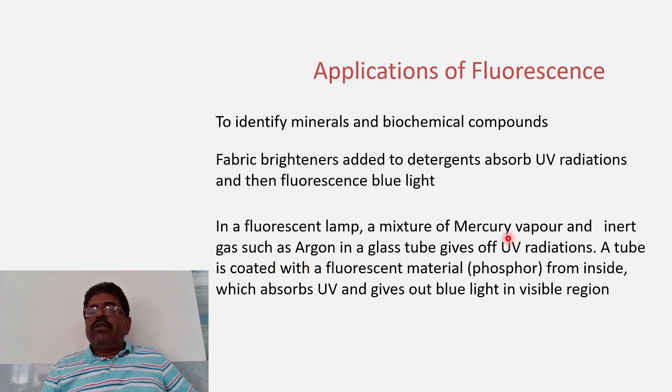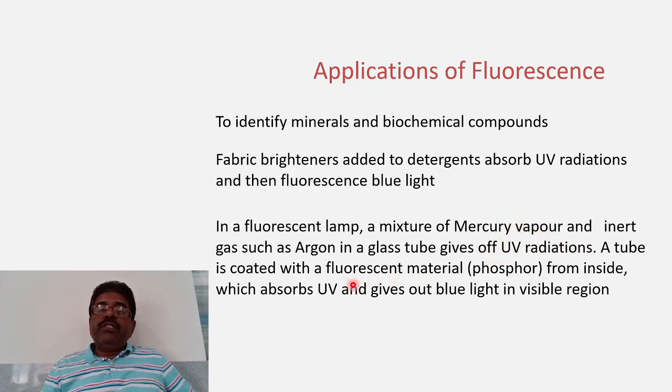What happens here is that because of the electric arc between the two filaments inside the tube, the mercury molecules go into an excited state, perform some radiationless losses, and come back again to the ground state. The mercury vapor, when it goes to the excited state and performs the transition, gives out UV radiation.